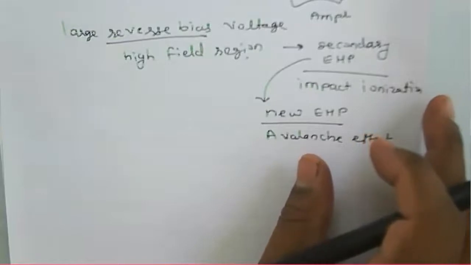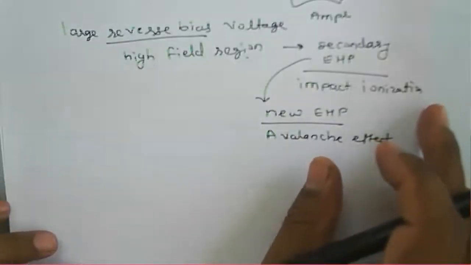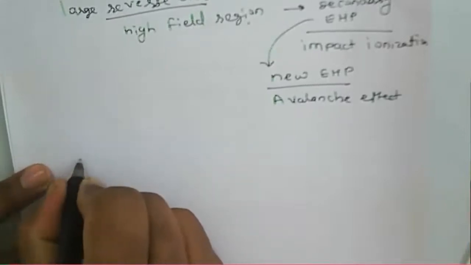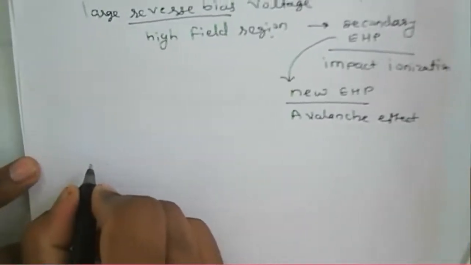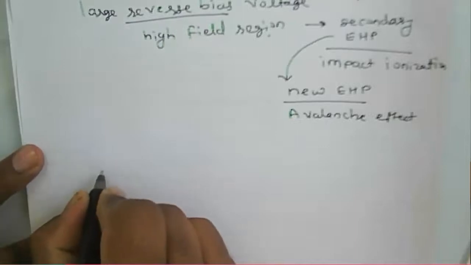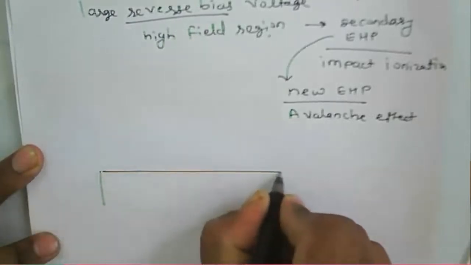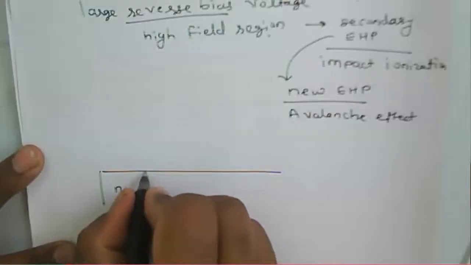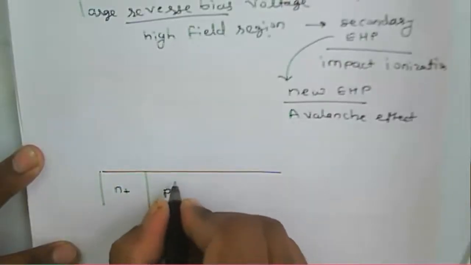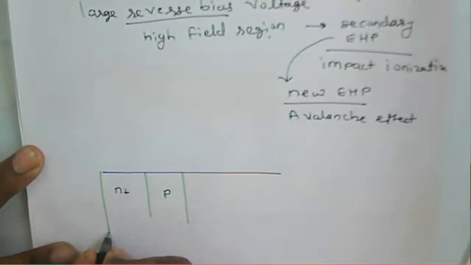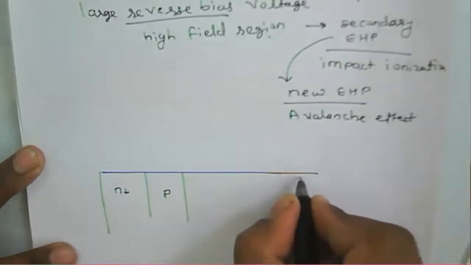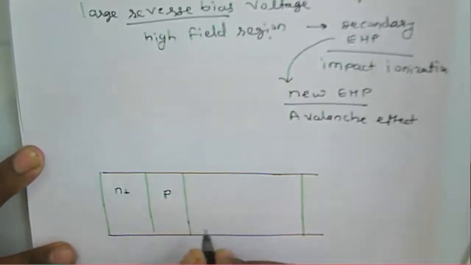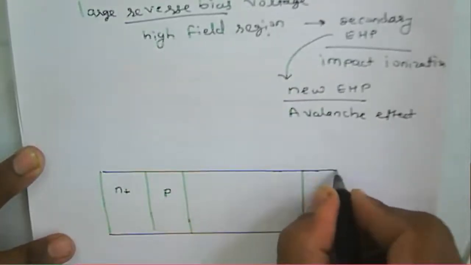Now, if you see the schematic of this avalanche photodiode, it has an N+ region, then a P, then we have the I, that is the intrinsic layer, and a P+.